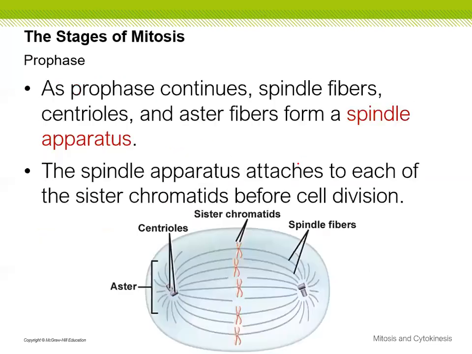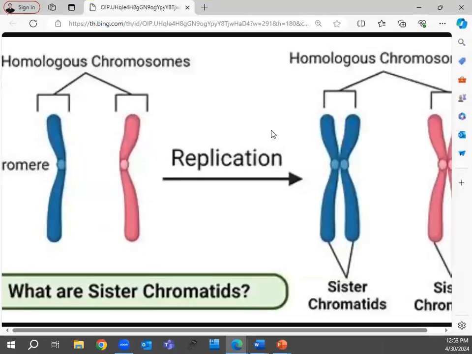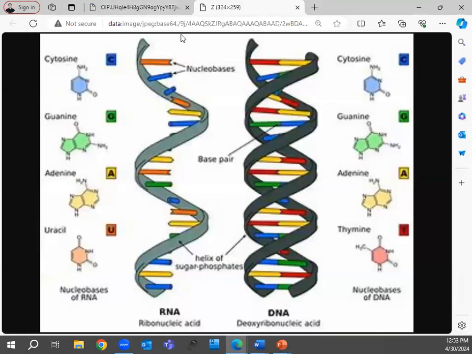Okay, so these images, these diagrams, you don't need to draw them. Those are given to you. So what does this look like here? Again, those sister chromatids are structures that contain identical copies of DNA. They look like this. These are sister chromatids here. These are noticeably different than DNA.